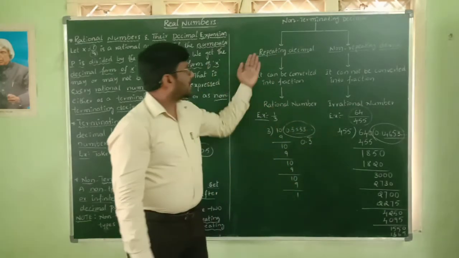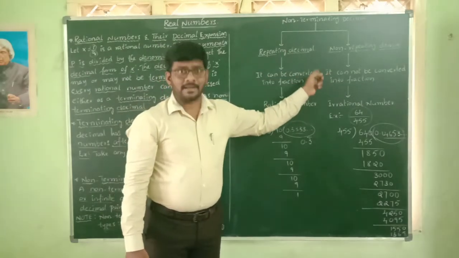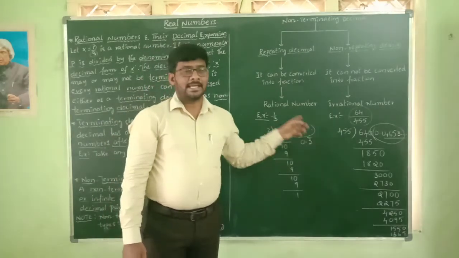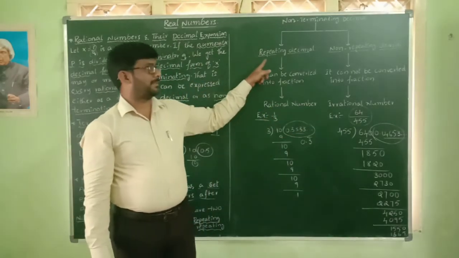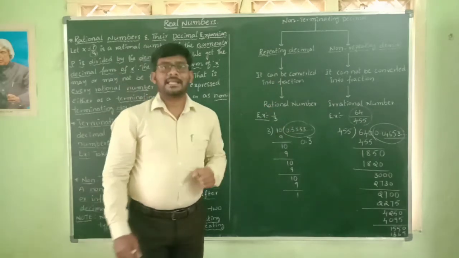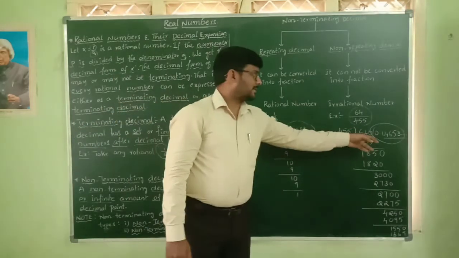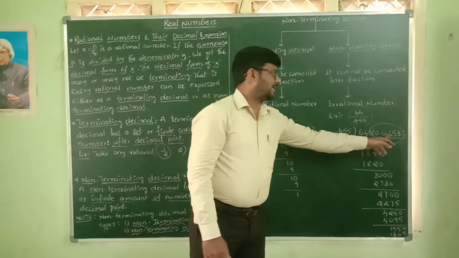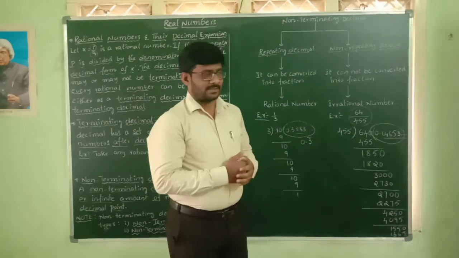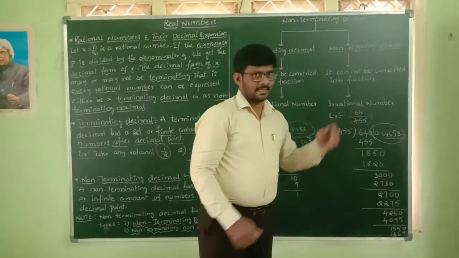That is the difference between non-terminating repeating and non-terminating non-repeating decimals. If digits repeat after the decimal point, it is a non-terminating repeating decimal, also a rational number. But here, digits do not repeat in non-terminating non-repeating decimals, so it is said to be an irrational number.